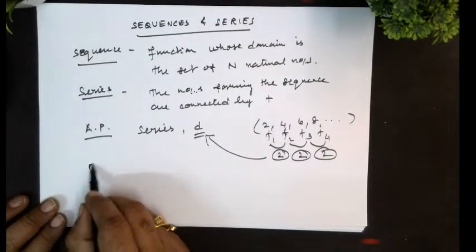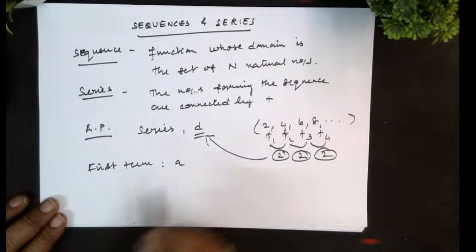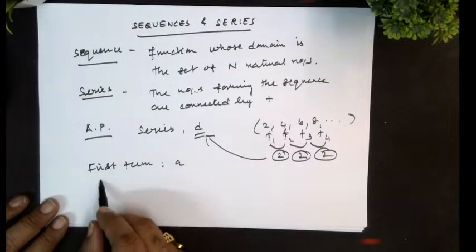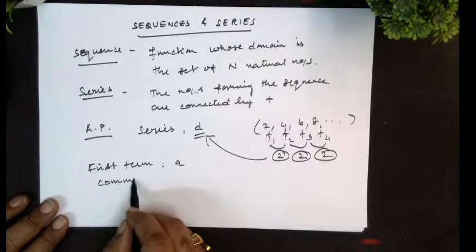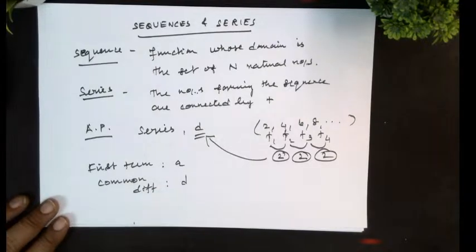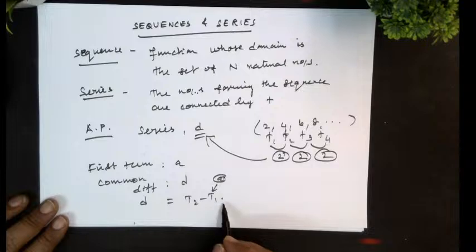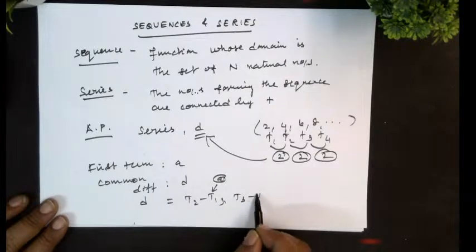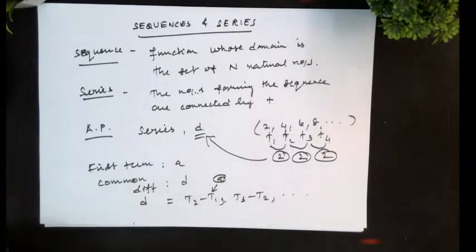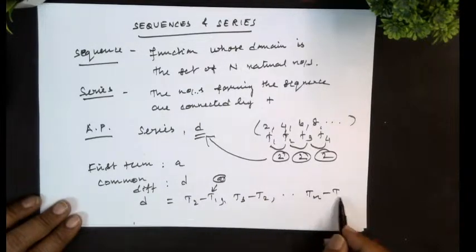Usually the first term is indicated by A. The common difference is represented by D. So as I already discussed, D is equal to T2 minus T1. Here the T1 is nothing but A, is it not? And then T3 minus T2, etc. It means we end with the nth term minus the (n minus 1)th term.